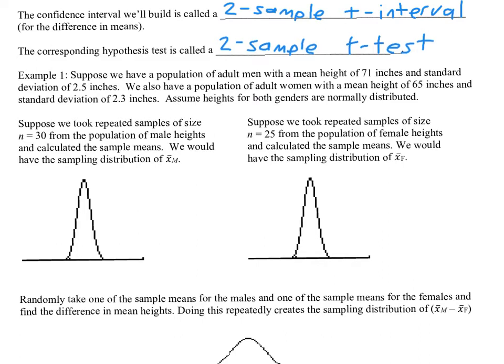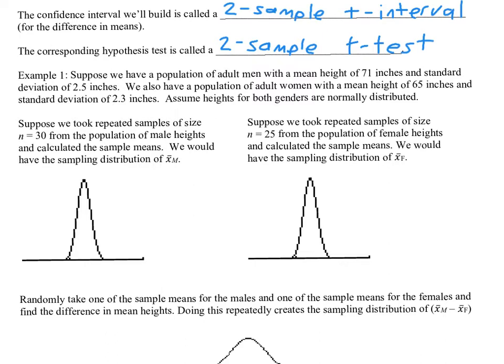If we took samples of size 30 over and over again, we would have the sampling distribution of X bar for men. We know that when we take a sampling distribution for a mean, the average of all of our X bars will be the true average.